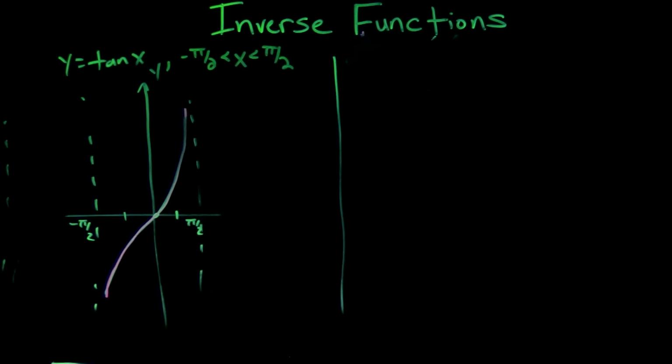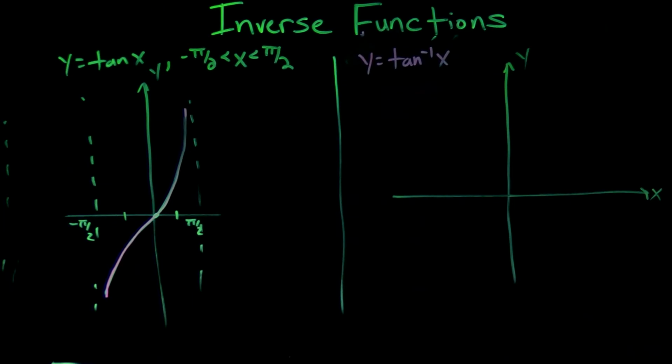And now if we turn this into the graph of the inverse tangent, a couple features we can look at. First off, we have on our graph vertical asymptotes at x equals negative pi over 2 and x equals positive pi over 2.